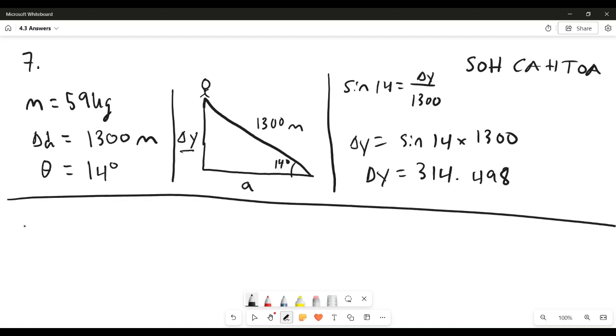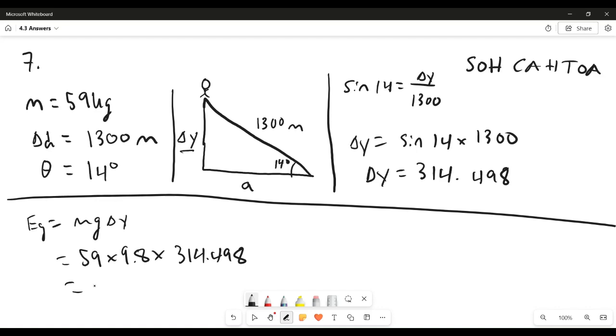Now that we know that, we can find the gravitational potential energy. Remember, gravitational potential energy is the mass times the gravity times the height. The mass is 59, the gravity is 9.8, and the height is 314.498.